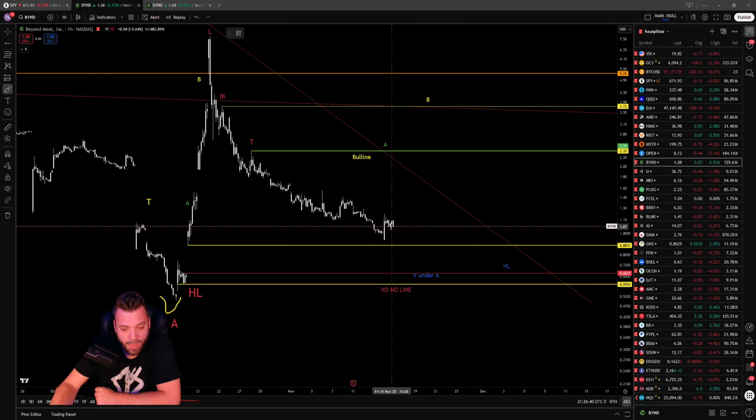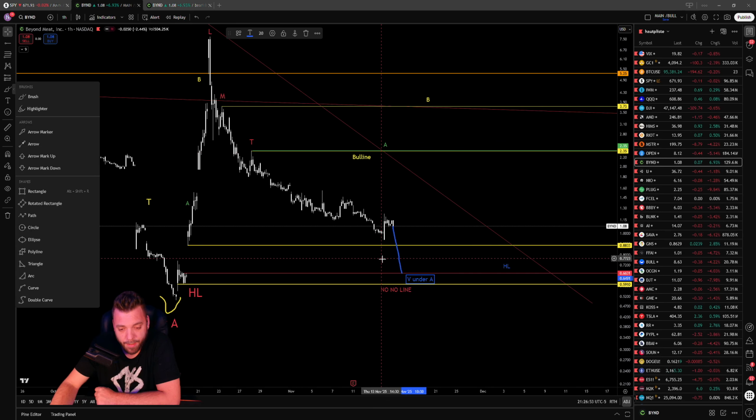So I would say we will fill this gap. And this gap goes from 88 to 66 cents. I think we will fill this gap. This will be our V under A here.